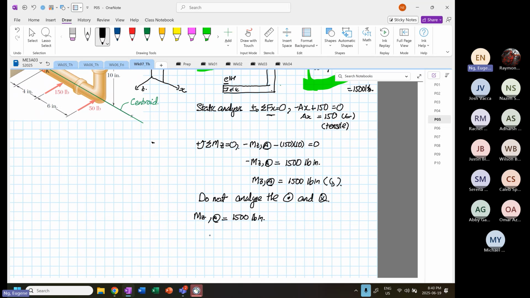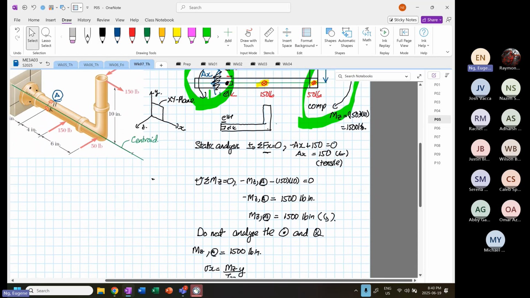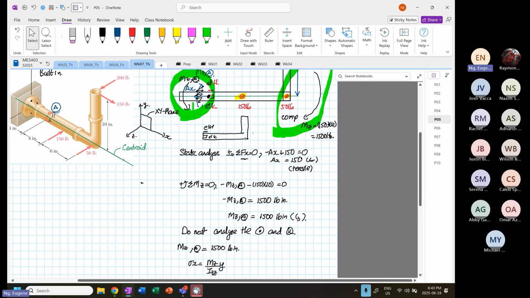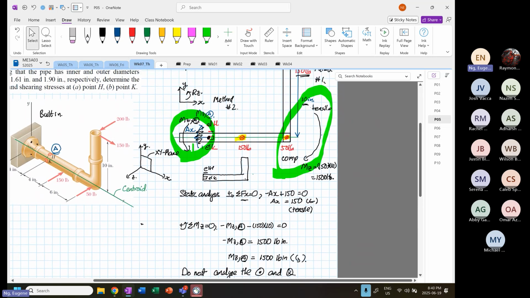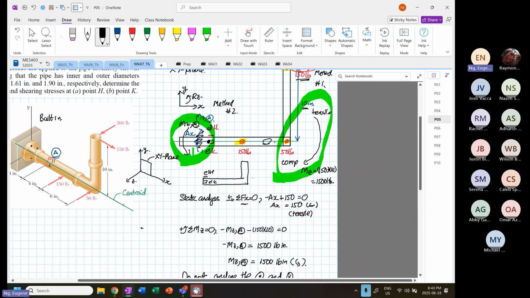we know that the formula that we're going to use is stress X is equal to MZ over IZZ multiplied by y. And by looking at where element H and element K are, you know that element H is going to be in tensile, or we just put positive, because it's above the centroid.